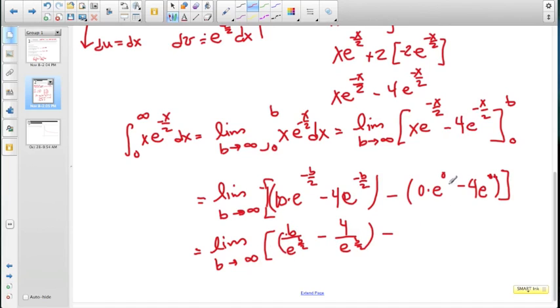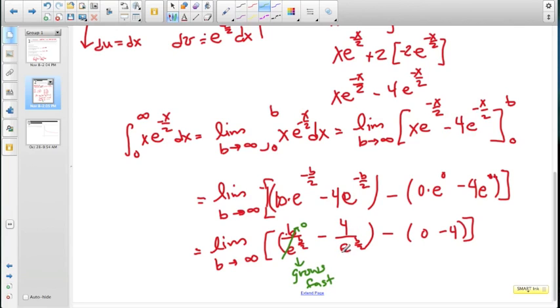And this is 0 minus 4. And so as we're evaluating this, as b goes to infinity, this grows faster compared to this. So this whole thing goes to 0.